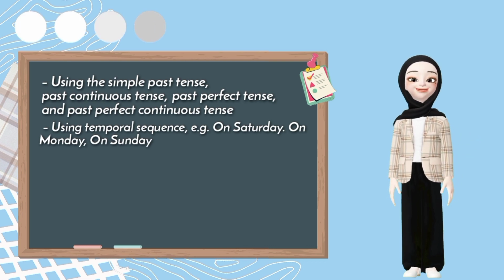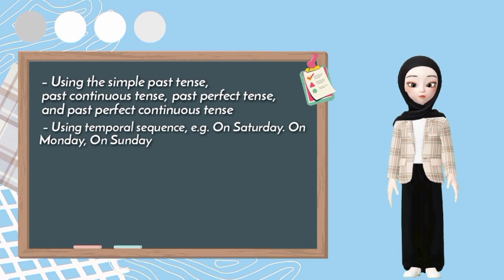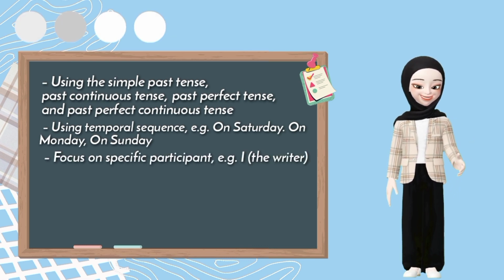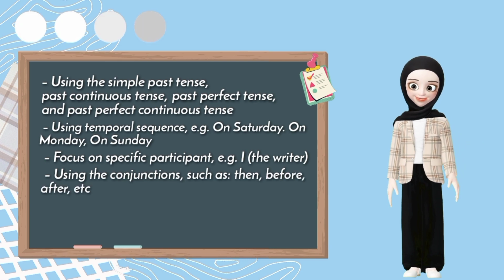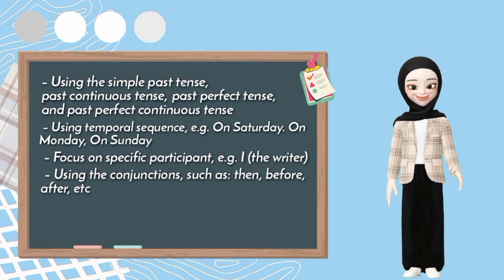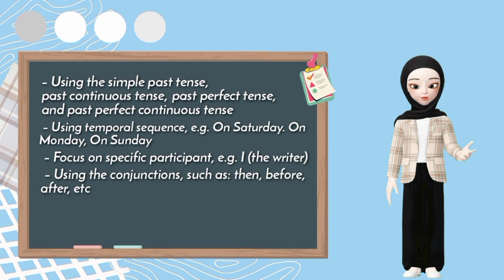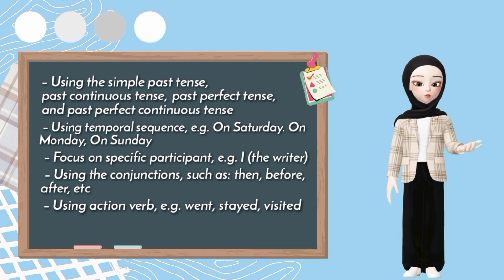Example, on Saturday, on Monday, and on Sunday. The third is focus on specific participants. Example, I as the writer. The fourth is using conjunctions such as then, before, after, and so on. And the last is using action verbs. Example, went, stayed, and visited.